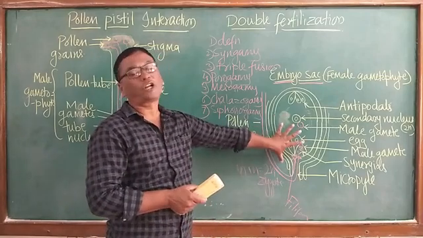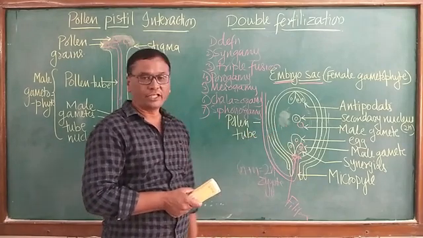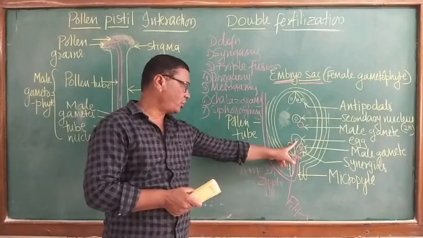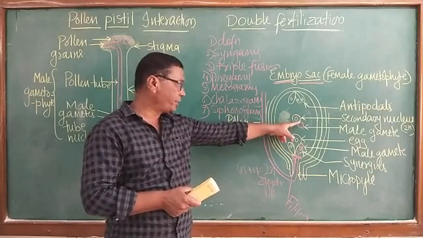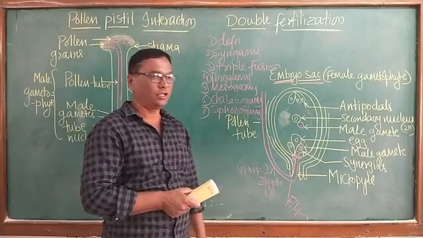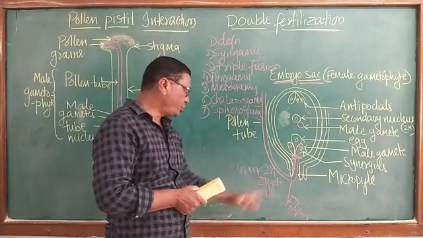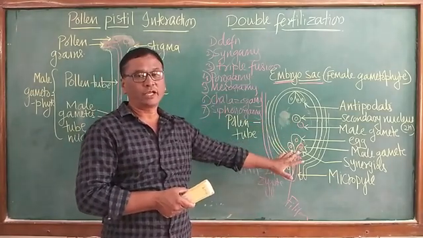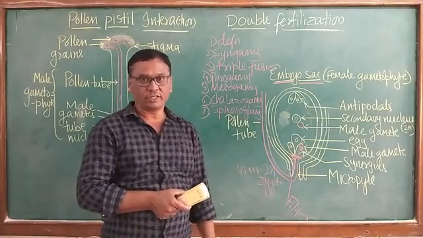Now with this act of fertilization, the diploid zygote is formed in the region of the egg, and the primary endosperm nucleus is formed with the act of triple fusion. The further changes with the formation of the zygote and the primary endosperm nucleus are studied in post-fertilization changes.